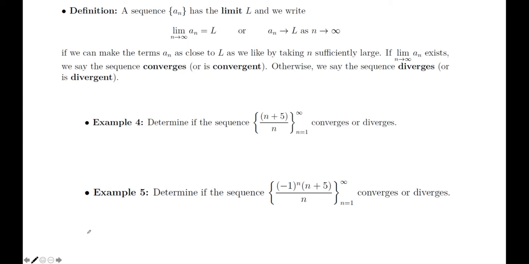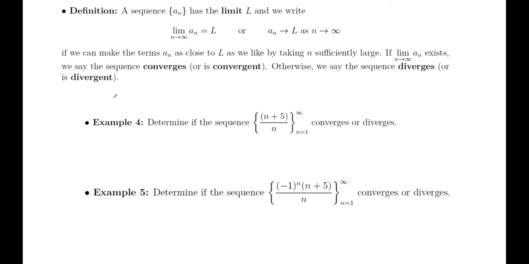Pretty much every idea I'm giving here, you have already learned. You learned it back in Calculus 1 when you were dealing with functions. In this first definition, it says a sequence has a limit L if we can make the terms as close to L as we like by making n sufficiently large.